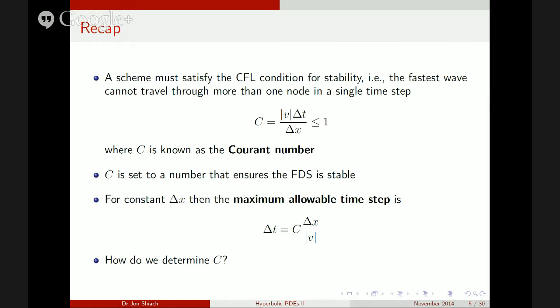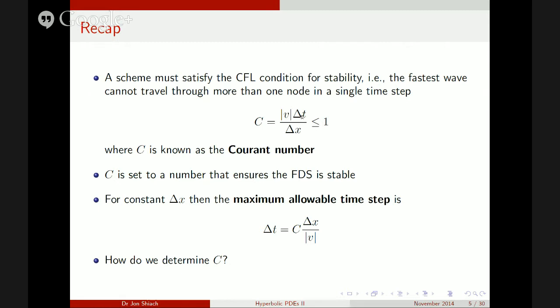The CFL condition says the fastest wave in our solution cannot travel more than one spatial node in a single step. In order to capture motion, it can't pass through more than one node. So this gives us this criterion: if v is our velocity, v times delta t over delta x has got to be less than or equal to 1.